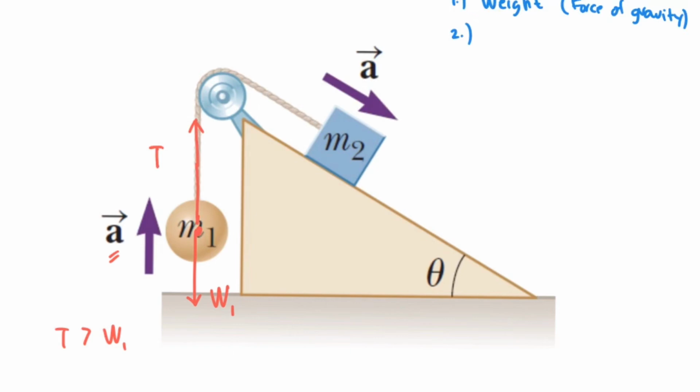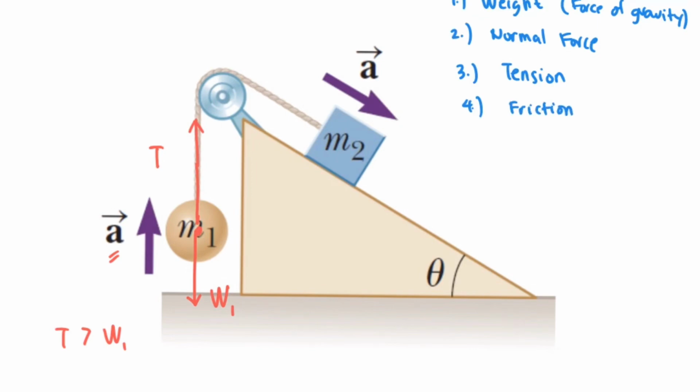If an object is in contact with any surface, there will always be a normal force. Third, since M2 is connected to a string, there will also be tension. And as I have mentioned earlier, the surface of the inclined plane is rough, so M2 would also be acted upon by friction.